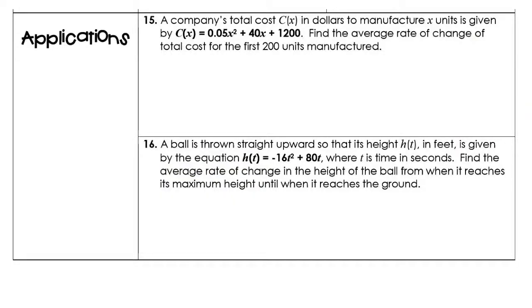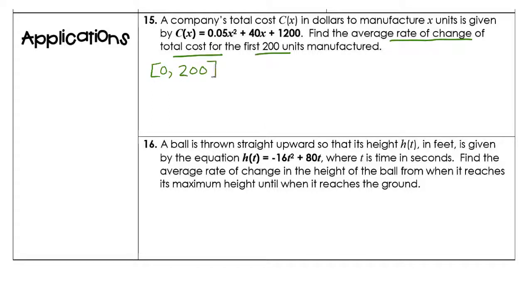All right, so for number 15, we have a company's total cost, so we have our cost function. Find the average rate of change of the total cost for the first 200 units. For the first 200 units, that's going to be from 0 all the way up to 200.